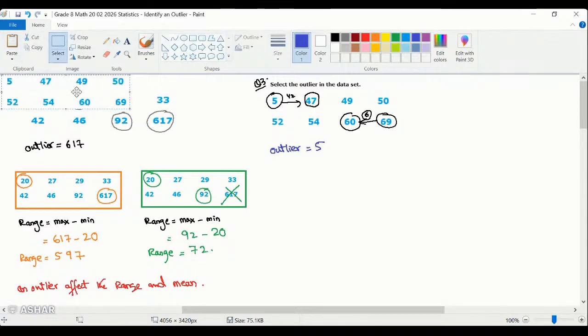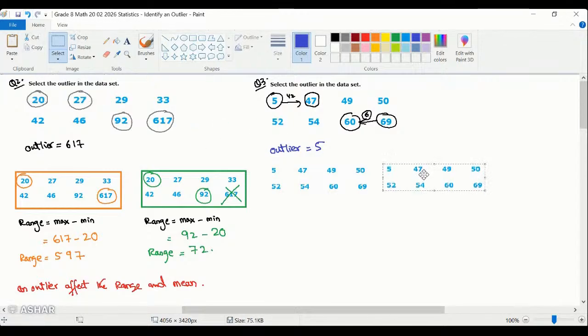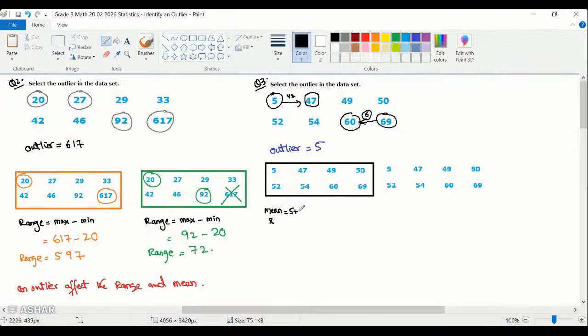Let's try doing it. Finding the mean. Let's try finding the mean for this information, and let's see what impact there would be on the mean. For the first given information, if we are considering the numbers with the outlier, we know that mean is the average. 5 plus 47 plus 49 plus 50 plus 52, 54, 60, and 69, right?